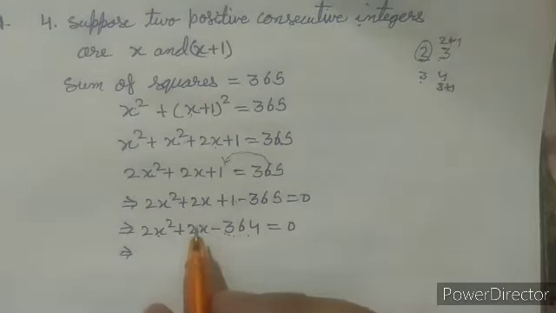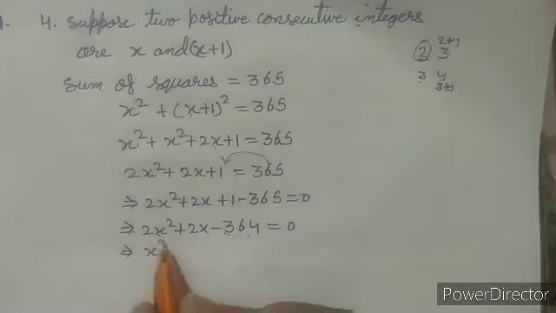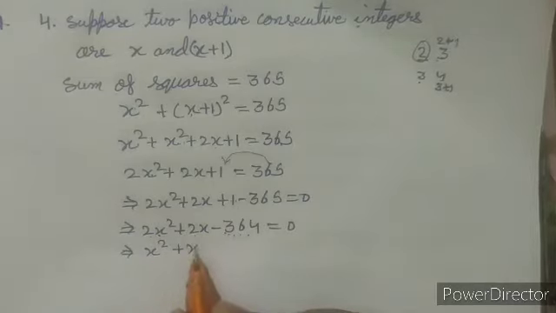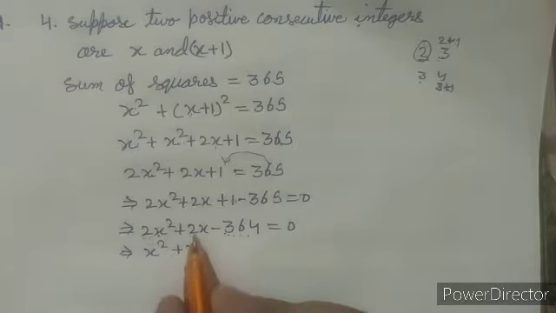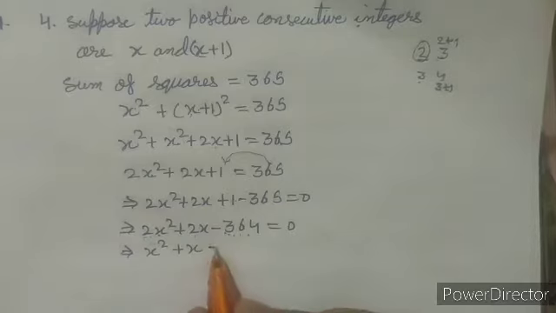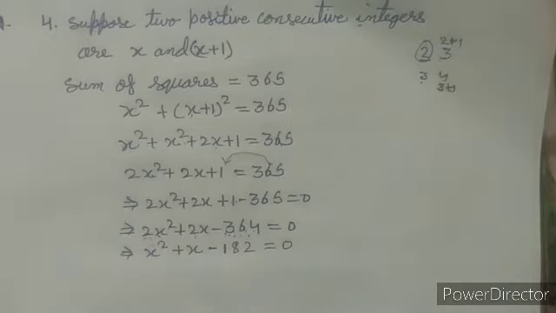As we see here, all the terms are divisible by 2, so we can reduce the given quadratic equation by dividing all the terms, both the sides, by 2. On dividing by 2, 2x square divided by 2 will be x square, 2x divided by 2 will be x, and 364 divided by 2 will be 182.